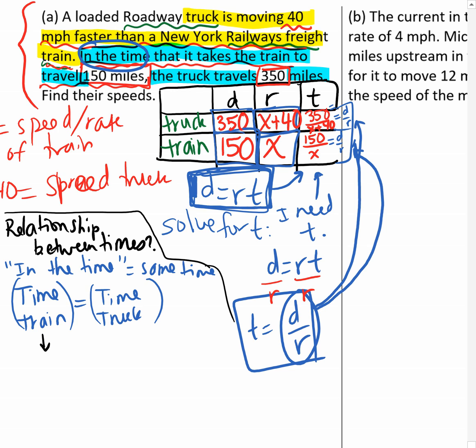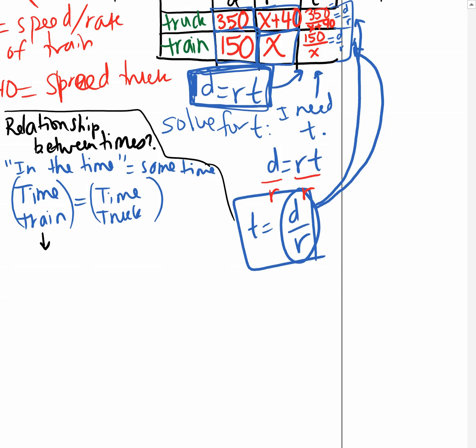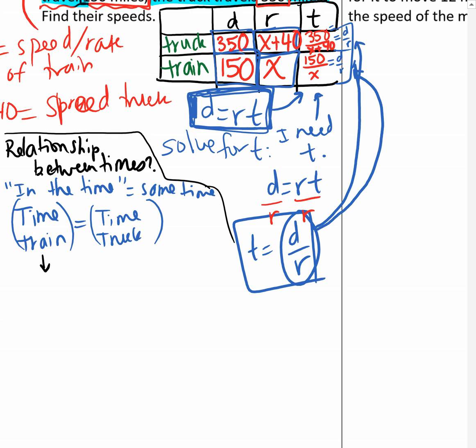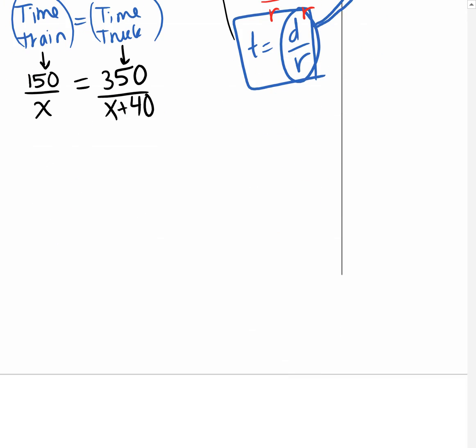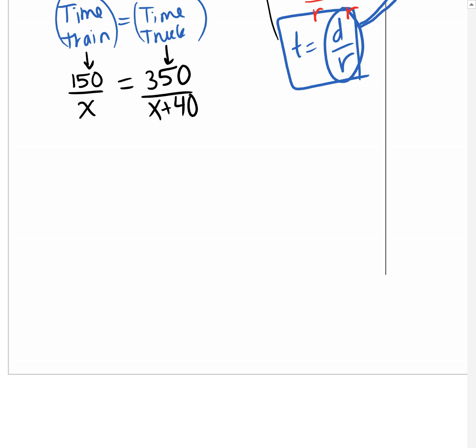So time for the train, according to the table I have up there, the train took 150 over x. That was the amount of time it took. That should be equal to the time for the truck, which was up here in the table, 350 over x plus 40. Whew, there we go. Now there's our equation. I think we can solve this.